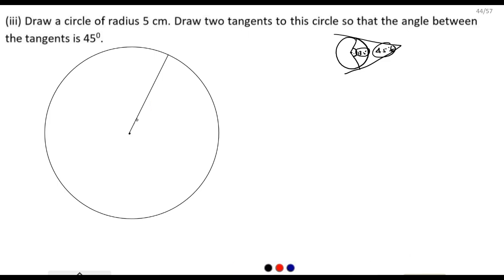For this, first of all, make 60-degree angle with the help of compass, then 120, then 90 degree. And then bisect 90 and 180. First arc from this, second from this. Then you will get 135-degree angle. Draw a radius making 135-degree angle with this radius.